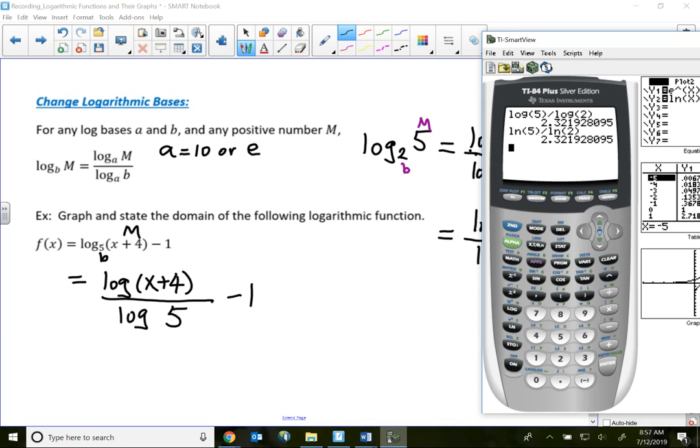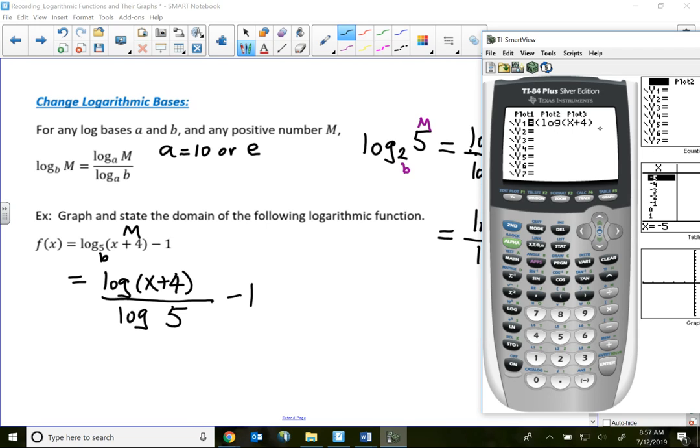All right, so let's put it in the calculator. The first term is a fraction, so I'm going to start with a parenthesis. Then I press log, and it gave me a parenthesis right away, so I can put my x plus 4. Close parenthesis.